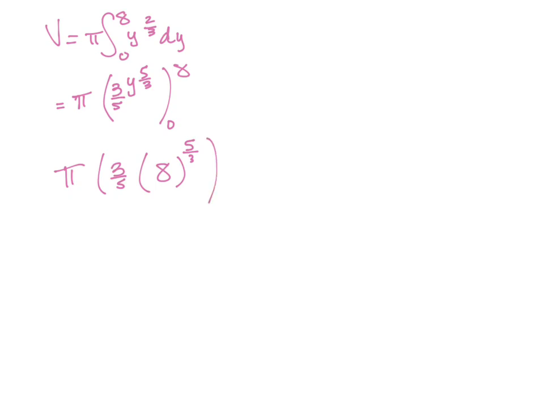So we've got 32. 32 times 3, 96. How about if we call it 96 pi over 5? That seems exact. Cool beans?